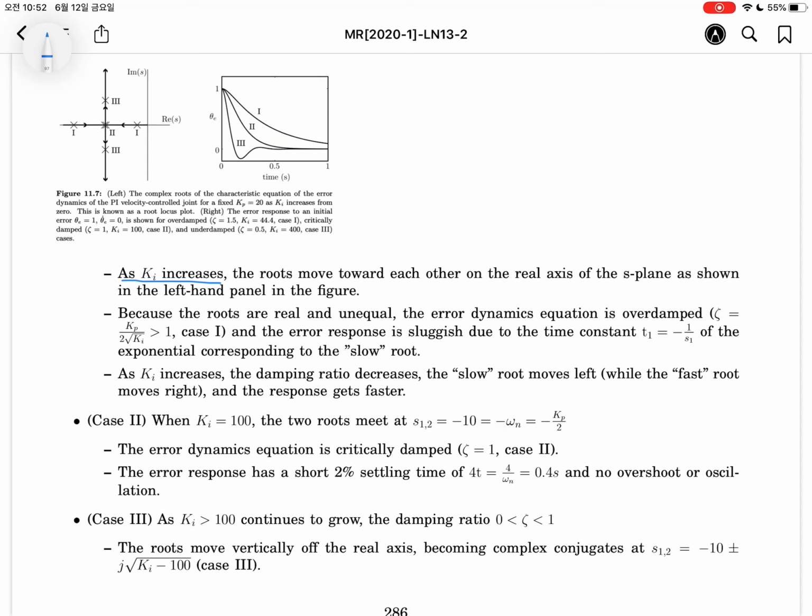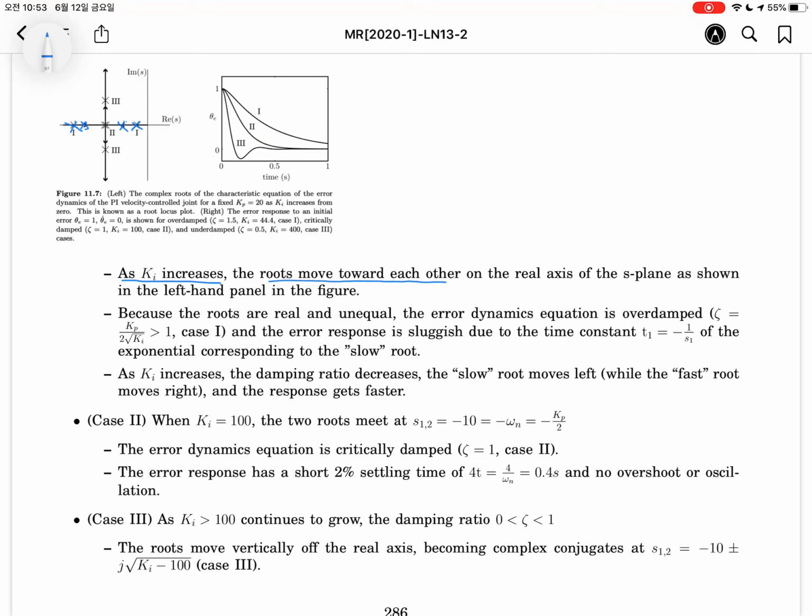As Ki increases, the two poles, which began at 0 and minus 20, move: the small pole moves to the left, and the large pole moves to the right.